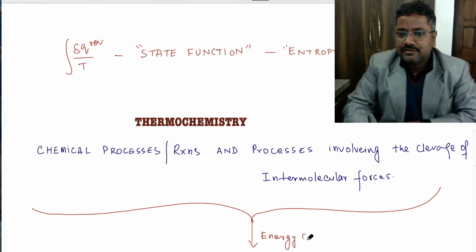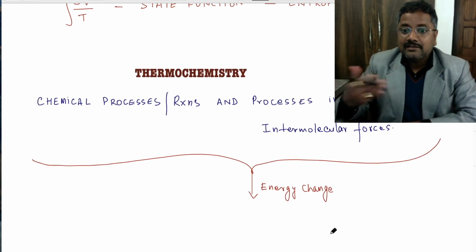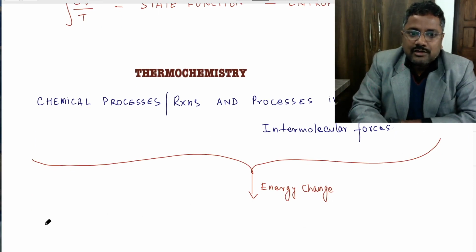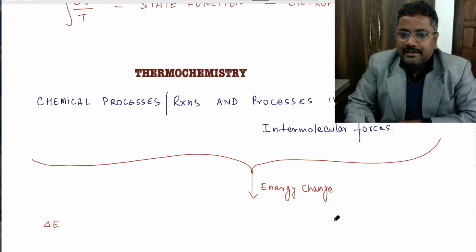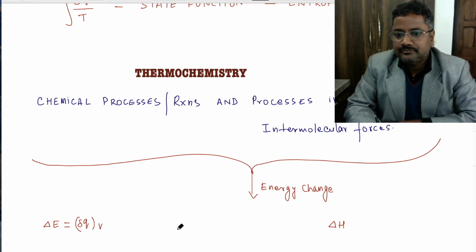To explain the energy change in processes, we have two thermodynamic functions, delta E and delta H. Delta E tells about the heat change at constant volume.